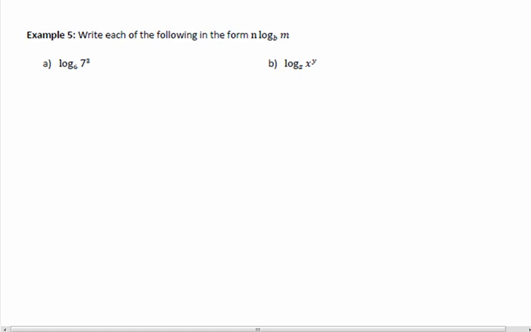So the power law says that if we have an exponent on our answer on the inside, where can we bring that exponent, Rachel? Where can I put this exponent with the power law?